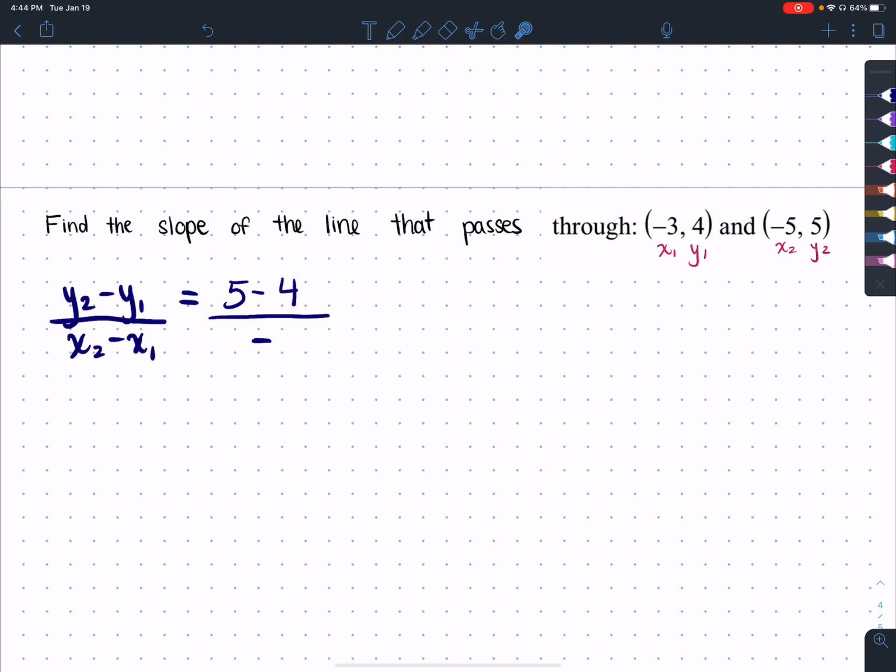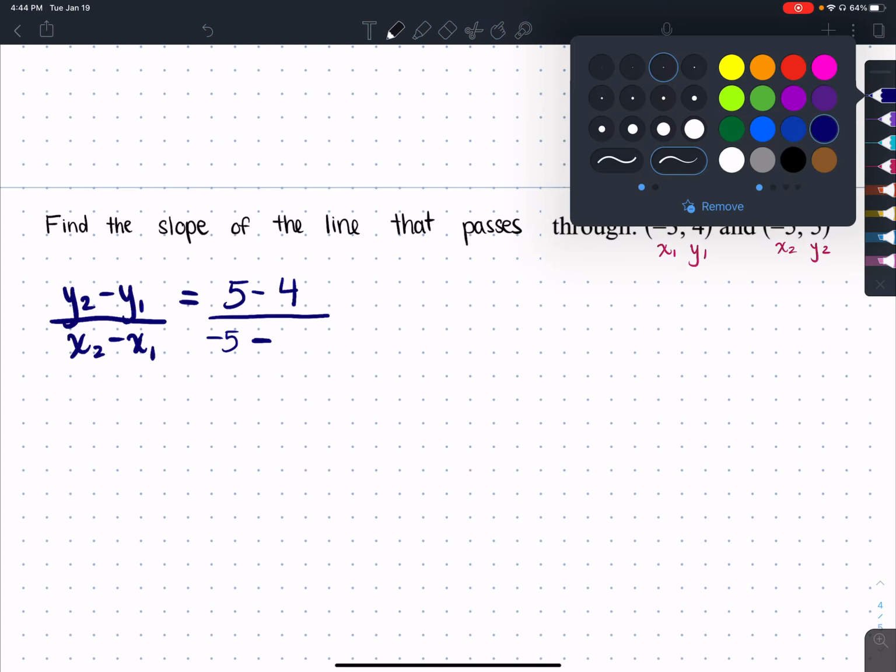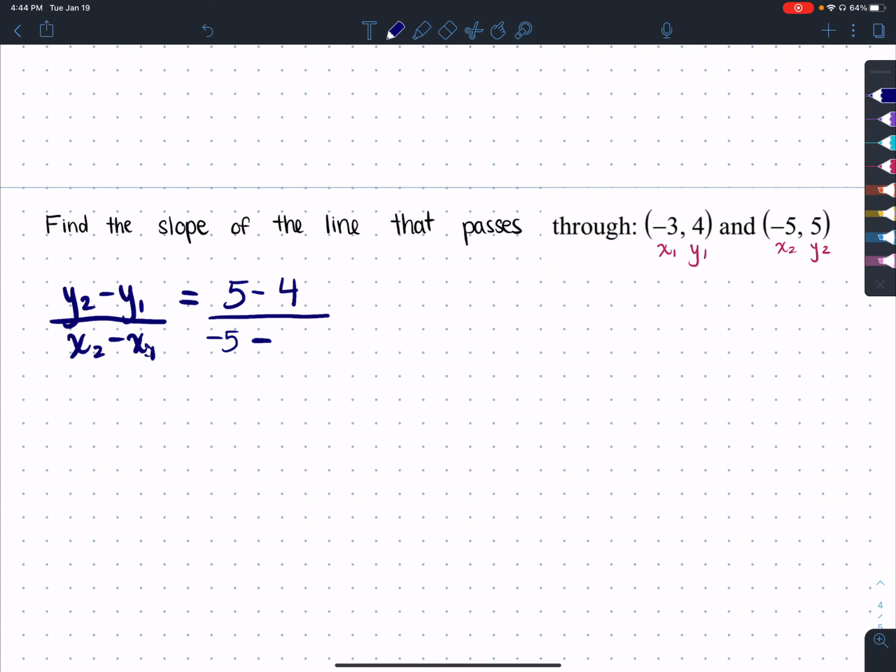So my x2 is -5, so that gets plopped in the front. And my x1, oops, my x1 is -3. This negative that's already in here, that's part of the formula. So the -3 has to go after.